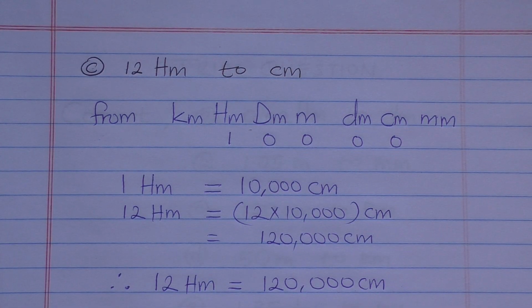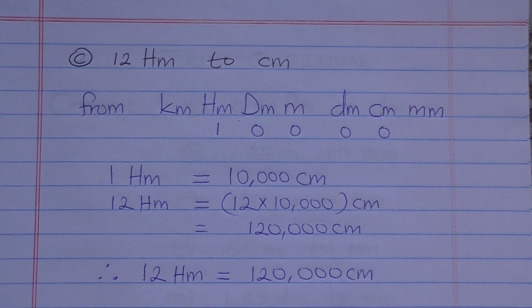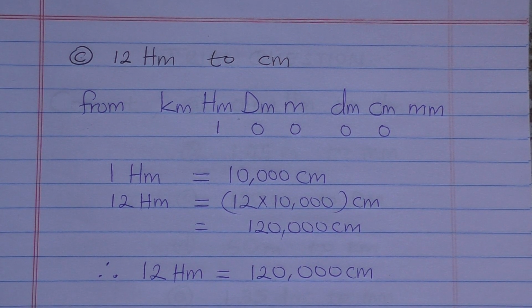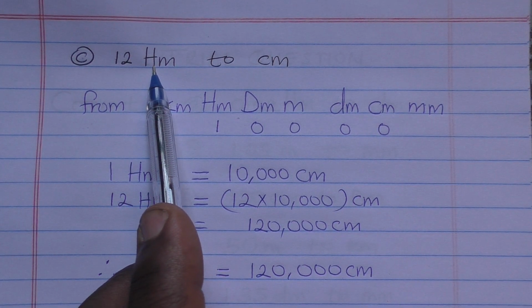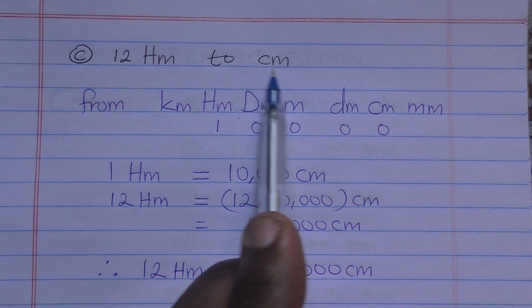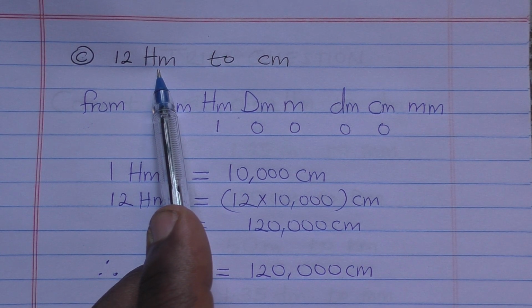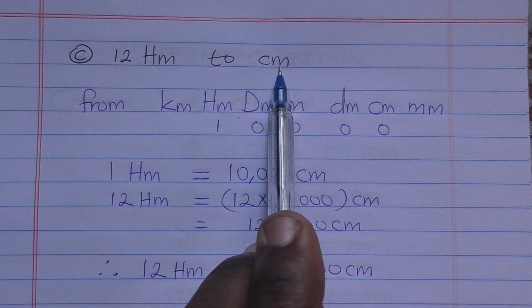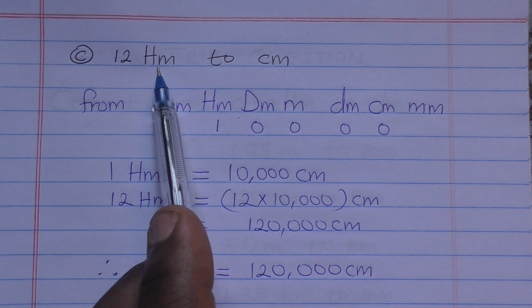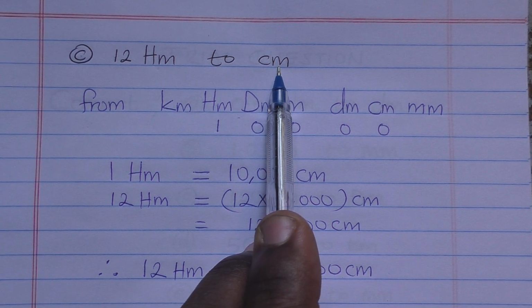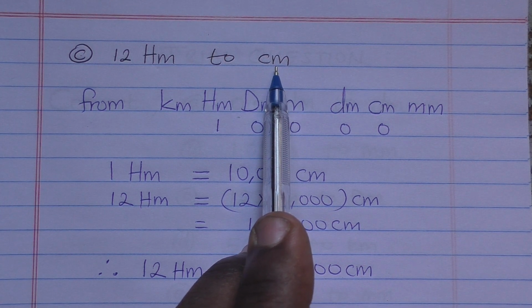Otherwise, let us go to example 3, or part C, where we are converting from hectometers to centimeters. Hectometer is a bigger unit and centimeter is smaller than hectometer. So we are moving from a bigger unit to a smaller unit. Therefore, we shall multiply.